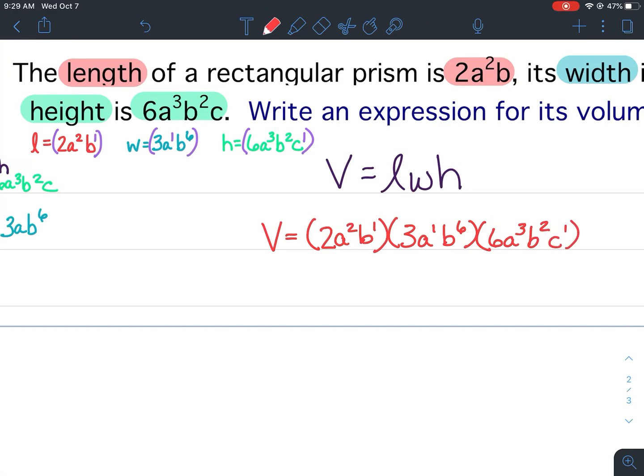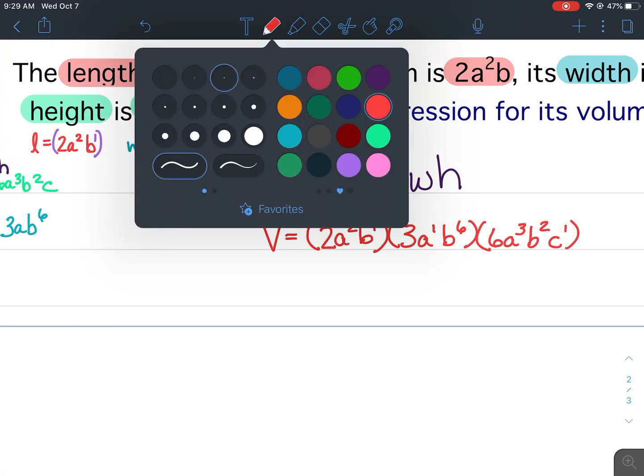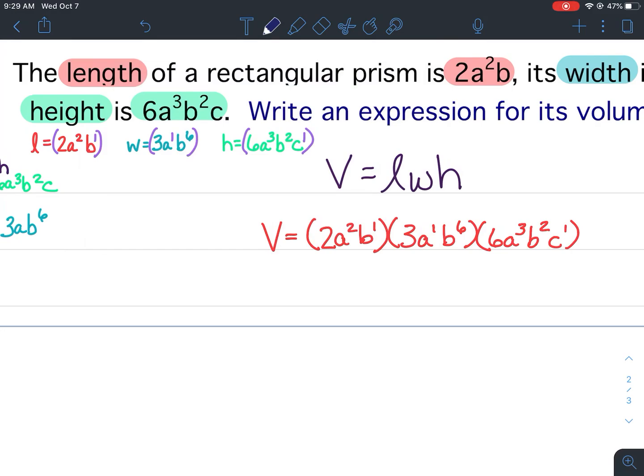All right, when you multiply monomials, the first thing we want to do is our groupings. So first, I'm going to group together my coefficients. So I have a coefficients of 2, 3, and 6. So I'm going to group together 2 times 3 times 6.